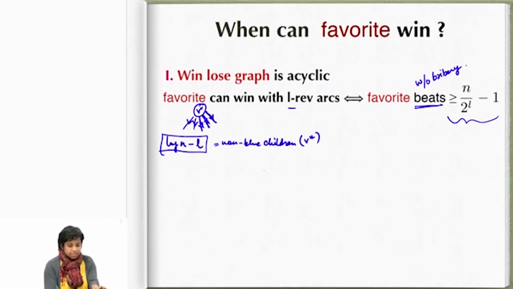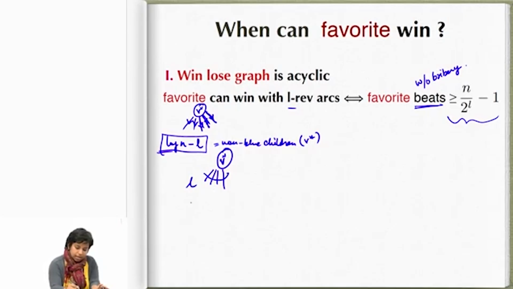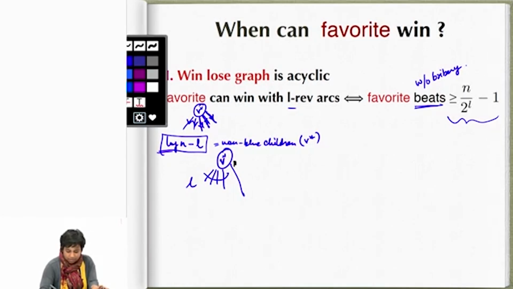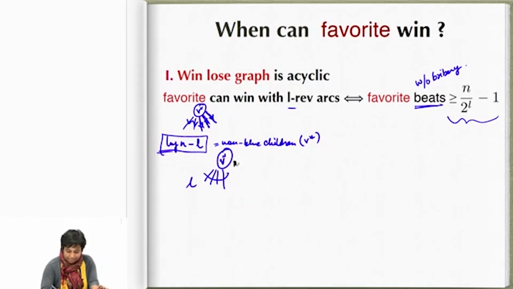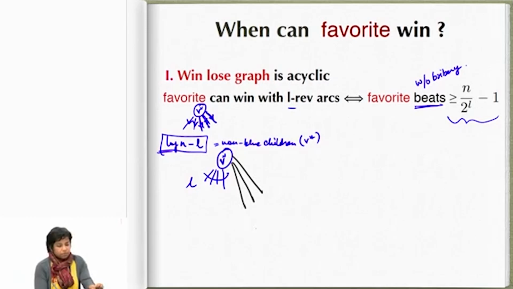Say these are the L blue children, and these, in another color, black, are the non-reversed children.